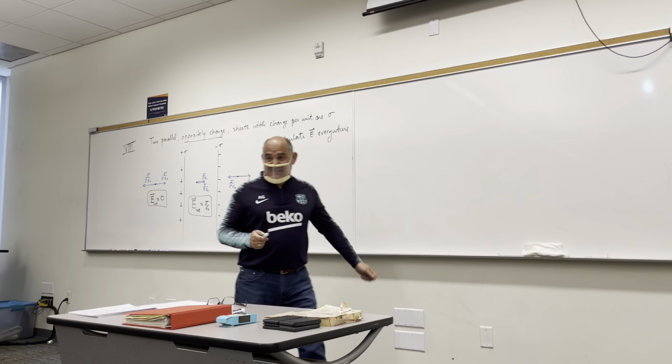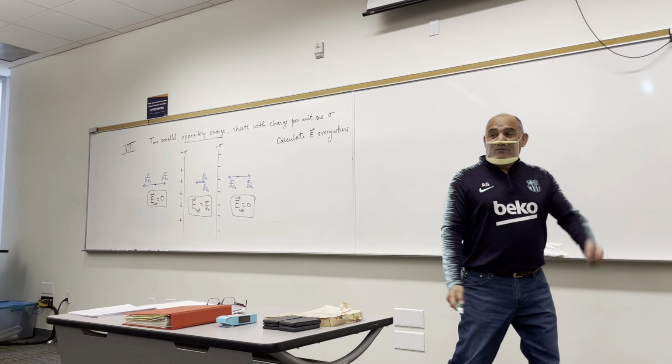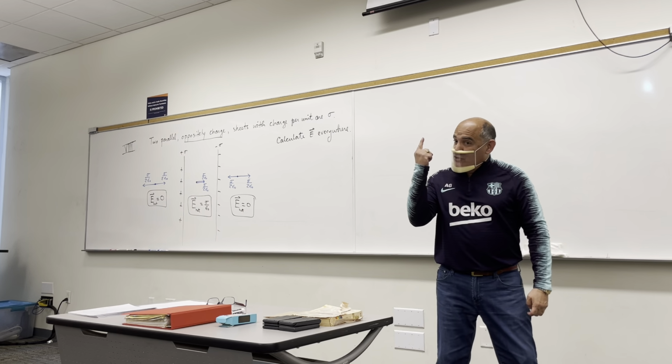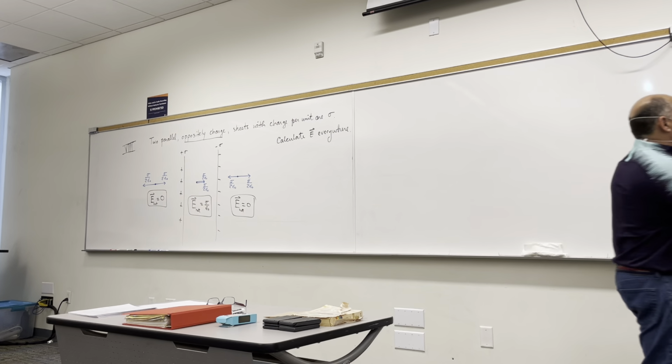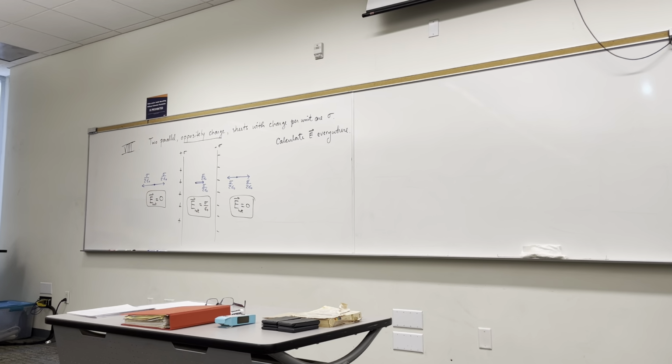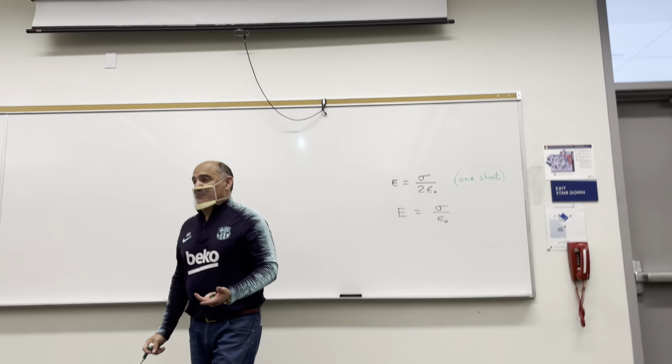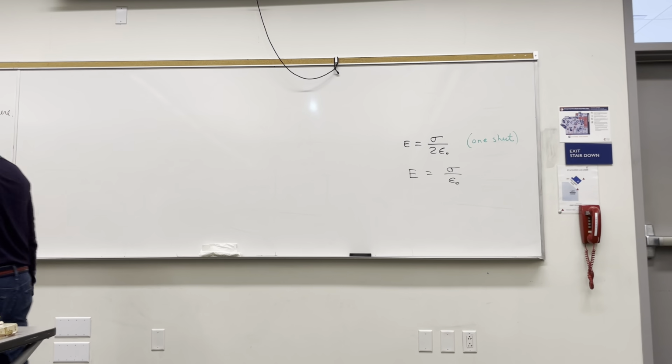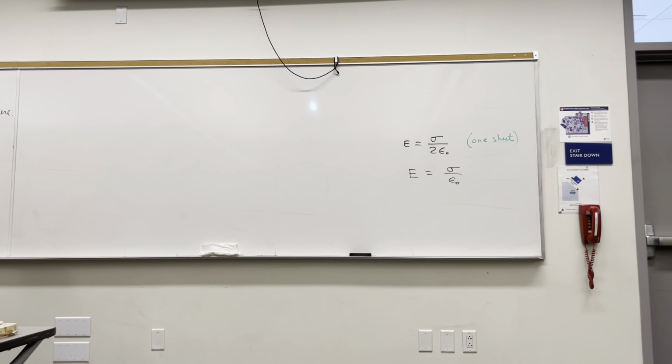If there is a 2, it's one sheet that's generating it. This is the electric field for one sheet. If there's no 2, it's the electric field between 2 sheets that are oppositely charged.